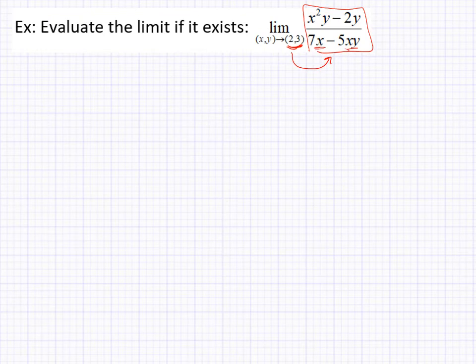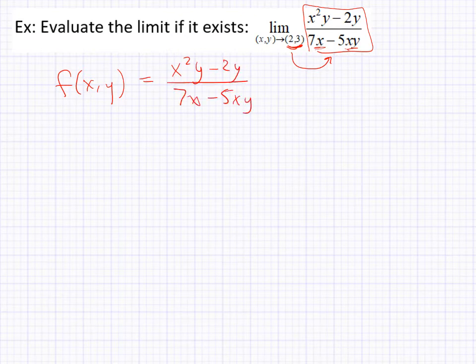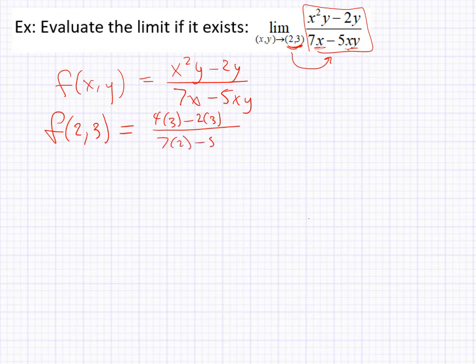So if I wanted to evaluate this limit, it's as simple as saying, okay, I have this function f(x,y), which equals (x squared y minus 2y) over (7x minus 5xy). If I was just evaluating f of 2, 3, if I just plug 2, 3 right in because I can, then guess what? I would get (4 times 3 minus 2 times 3) over (7 times 2 minus 5 times 2 times 3).